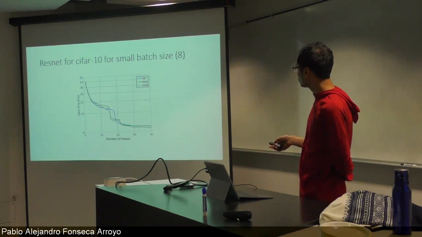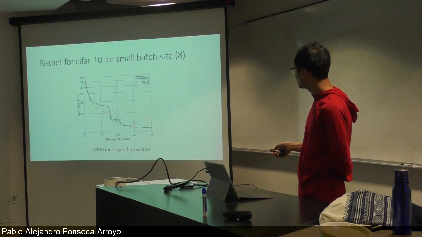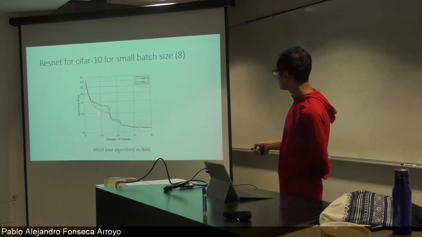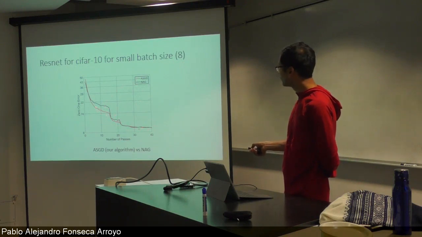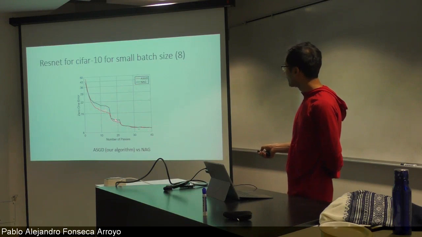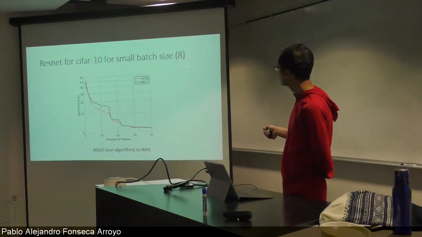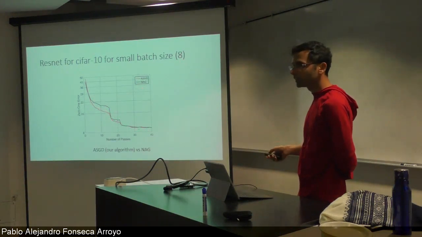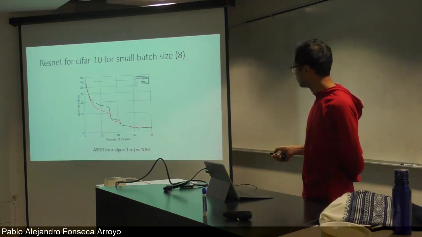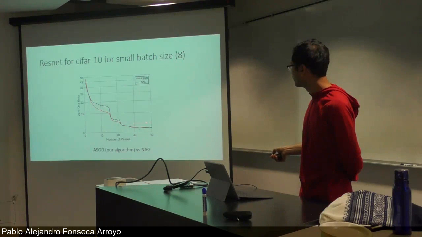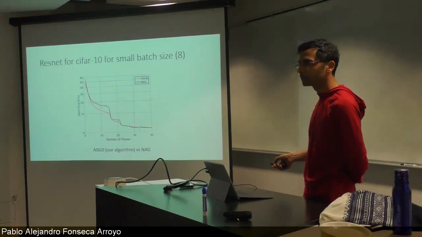If you look at Nesterov, as a representative example here, which eventually achieves the smallest error, and you plot ASGD with respect to Nesterov, ASGD does achieve the same asymptotic error, but decreases the initial error faster, even for this small batch size. Yeah? Is it the training error or the test error? This is a test error. And we did hyperparameter searches to get the best test accuracy.